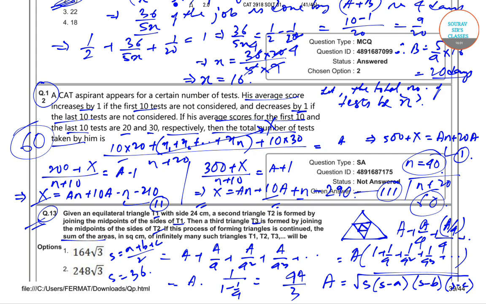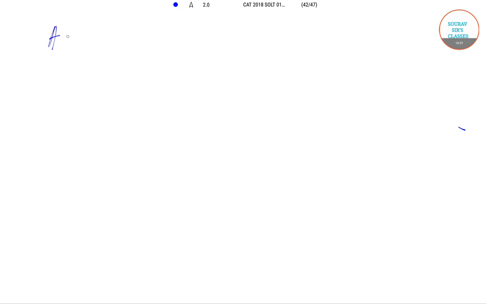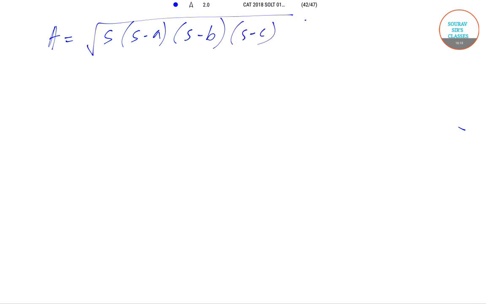Let me insert a new page and then start off with it. So we have area will be equal to root over s into s minus a, s minus b, s minus c. Now we have been given here a is equal to b is equal to c, and all are equal to 24 centimeter.